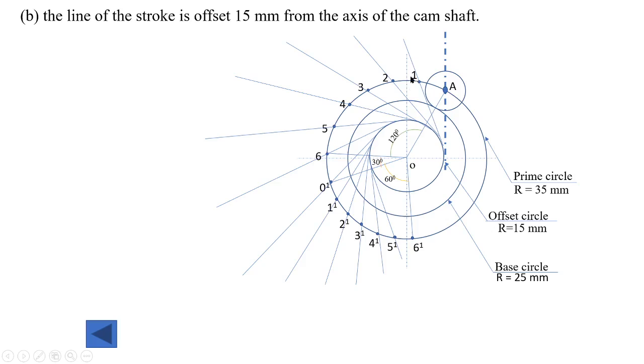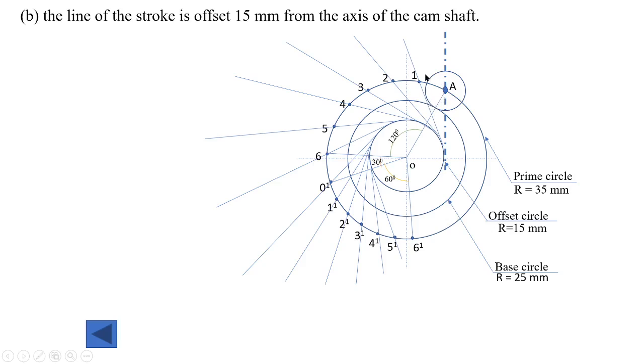Now, according to the principle of kinematic inversion, we assume the cam is stationary and the follower rotates in the anti-clockwise direction. So when the follower rotates through 20 degree, here 120 degree is divided into 6 equal parts, so each division represents 20 degree.